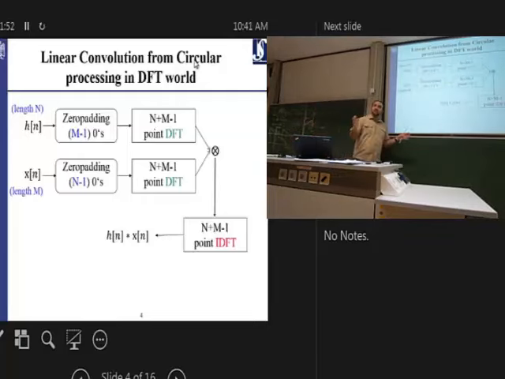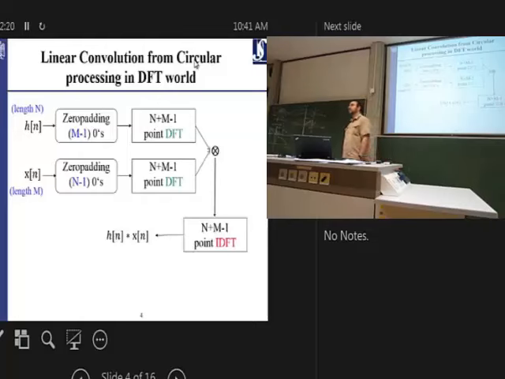What we try to do is make the lengths equal. So we zero pad the signal and the filter such that they both have the same size. For this one, we add M-1 zeros. For the other one, we add N-1 zeros. And we look at the signal in a window with a size of N plus M-1. We do the DFT, and then we multiply, just as in a regular convolution.